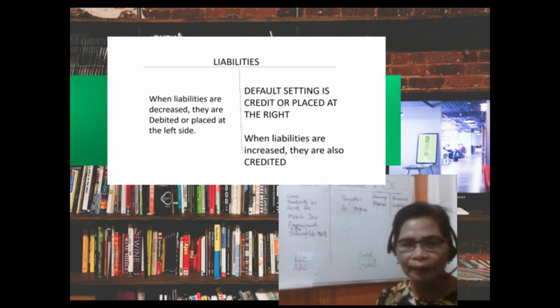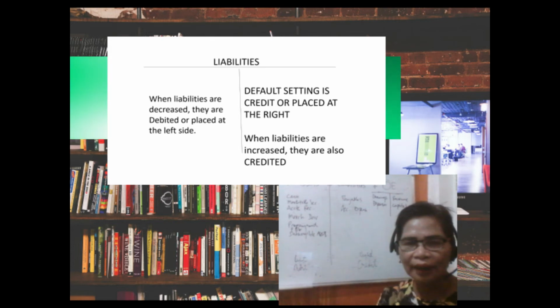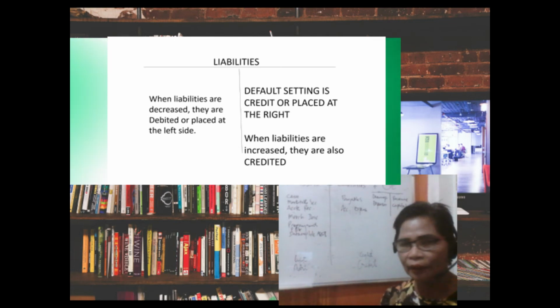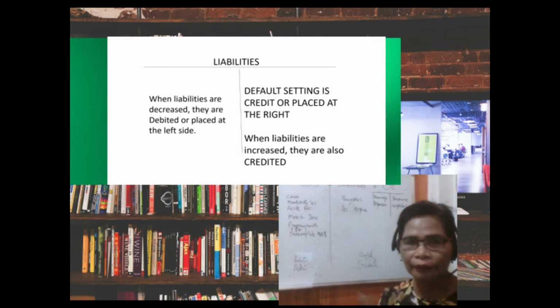Every time there is a decrease, just like assets, it's time to transfer them to the right side. And for liabilities, if they are decreased, just like the settlement of a note or a trade payable, they are transferred to the left side.